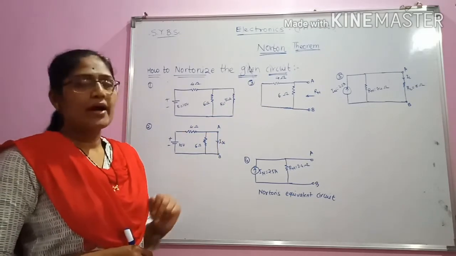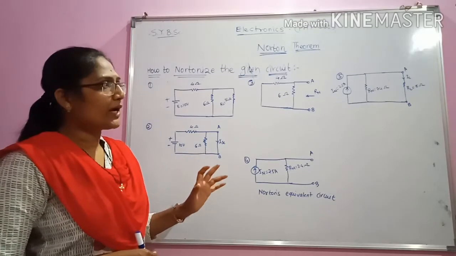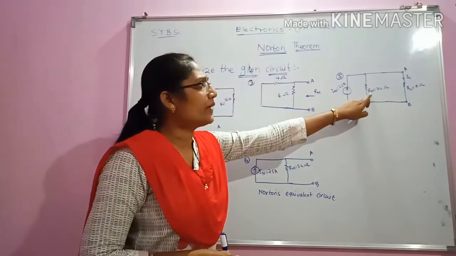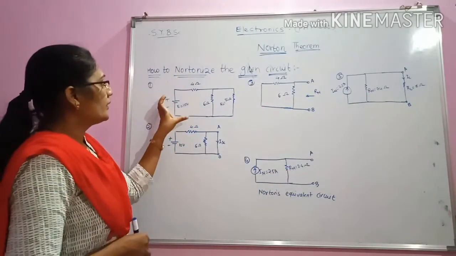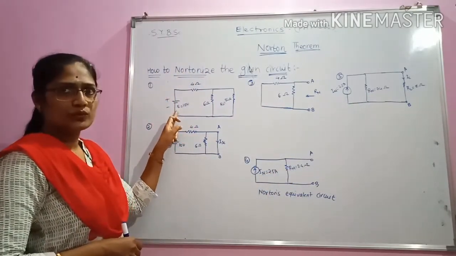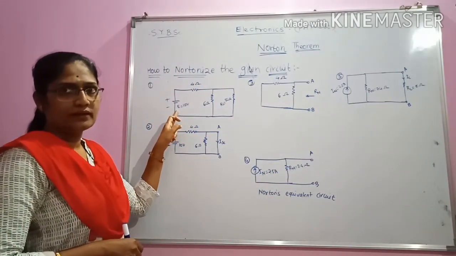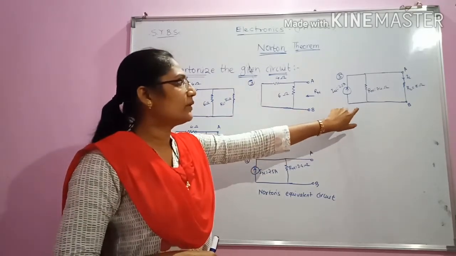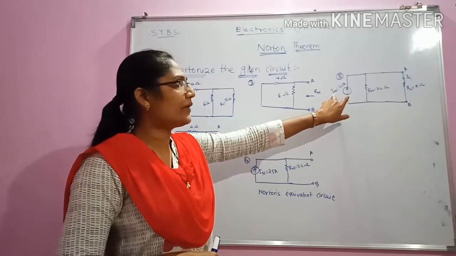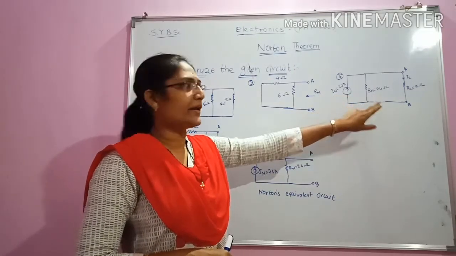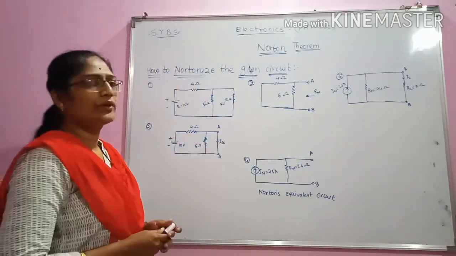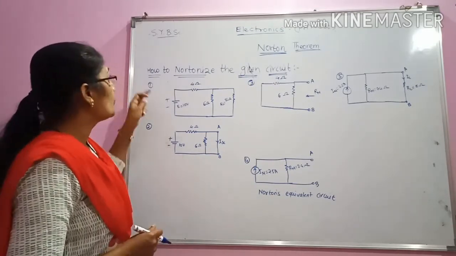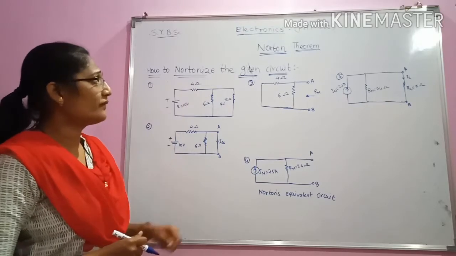So the value of Rn is obtained by removing all the sources by their internal resistances, and like that there will be the parallel circuit. IN will be parallel to Rn, and this is nothing but the Norton equivalent of a given circuit. So we will start to Nortonize the given circuit.